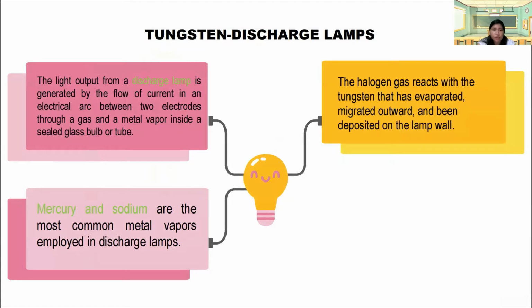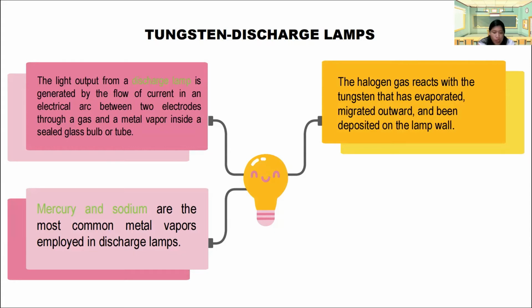The light output from a discharge lamp is generated by the flow of current in an electric arc between two electrodes through a gas and a metal vapor inside a sealed glass bulb or tube.